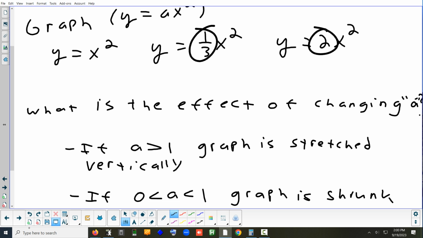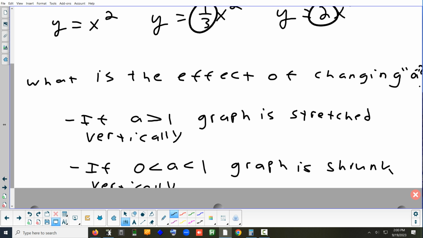Now, if you put in a number between 0 and 1, like 1/3, or 0.5, 0.2, anything between 0 and 1, that's going to cause the graph to compress.